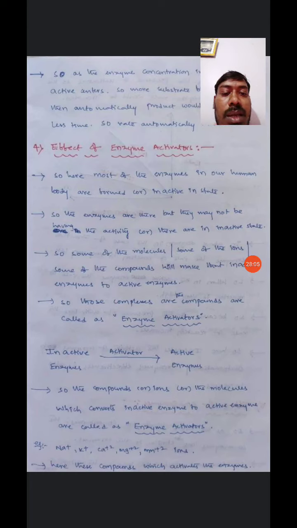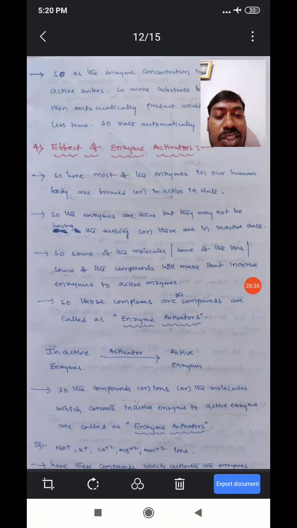Most of the enzymes in our human body are formed in an inactive state. The enzymes are there, but they may not have the activity. Some molecules, some ions or some compounds will convert these inactive enzymes to active enzymes.